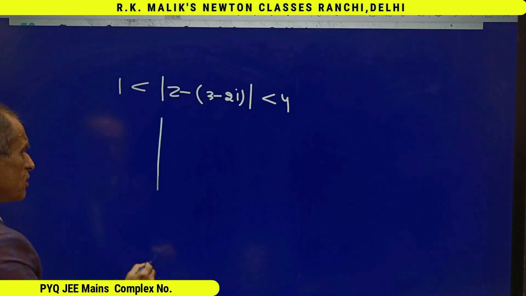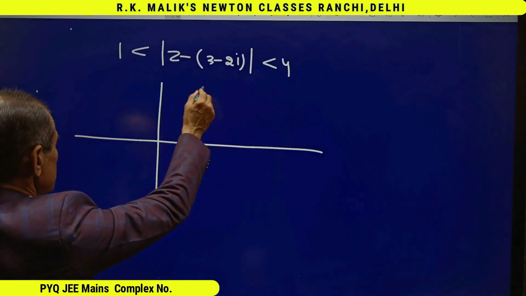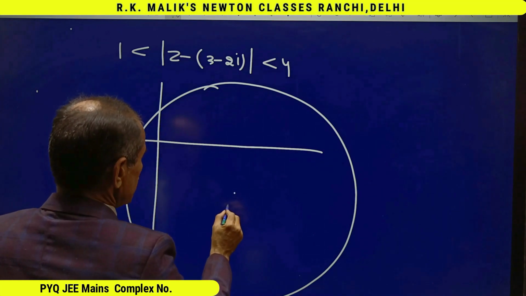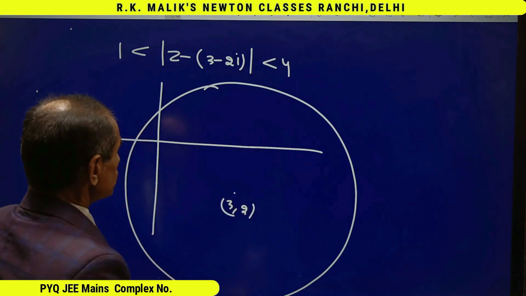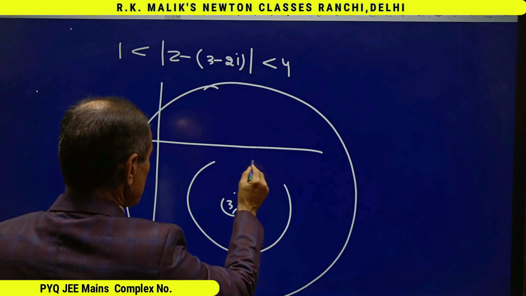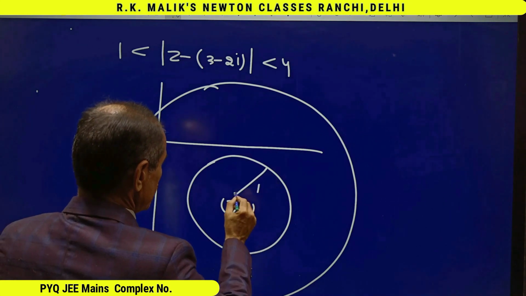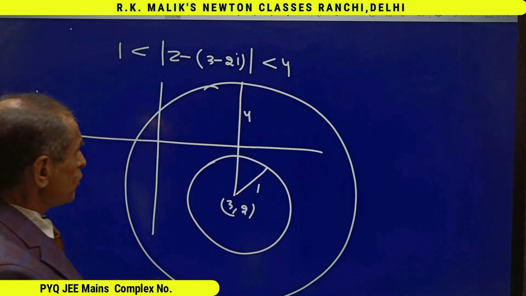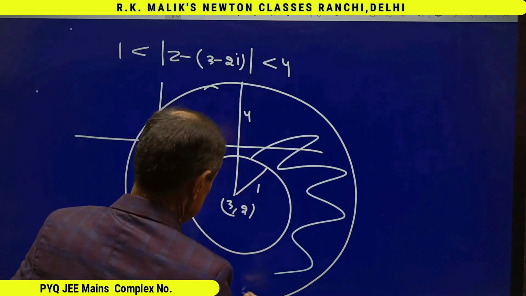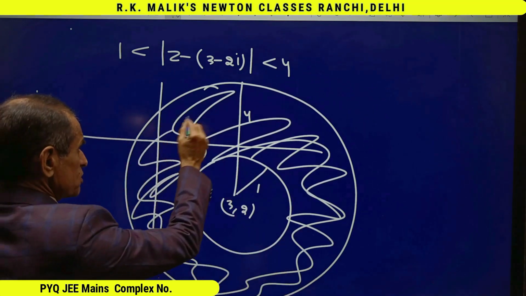That is, we have to find the number of integral points which lie in this circle with center 3, 2 and radius 4 and lie outside a circle with center 3, 2 and radius 1. That is, you have to find the number of integral points lying in this portion.